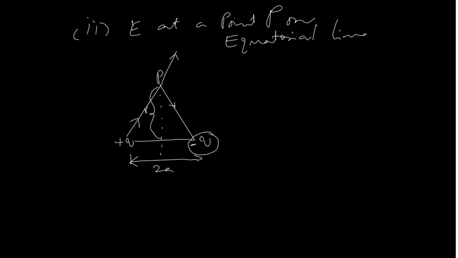If you consider the resultant of these two vectors, it will be somewhere here, going like that. This is called E resultant. This is E plus q. This will be E minus q.